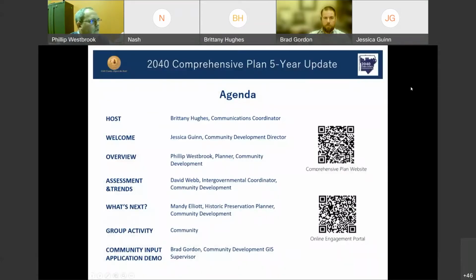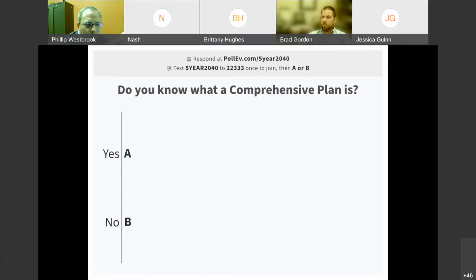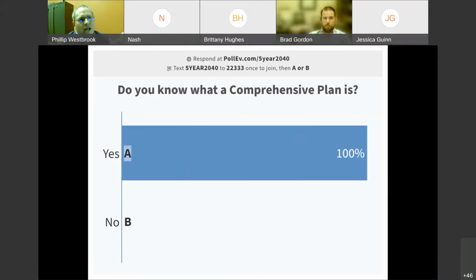Okay, all right, here we go. This is an icebreaker question, just so everyone gets familiar with the polling. You should be able to answer this question if you signed in at pollev.com 5-year 2040, or if you texted.